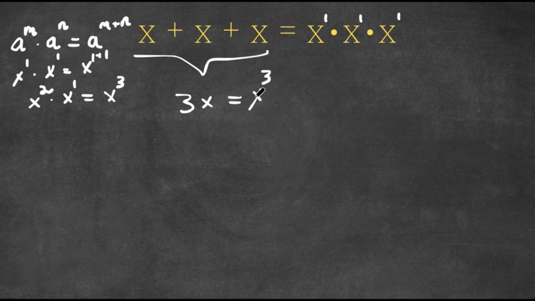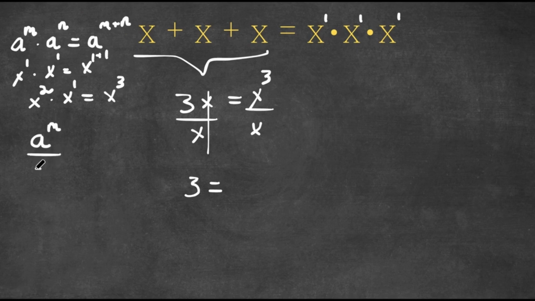So now I'm going to divide both sides by x. So for the left-hand side, these two cancel out, so I'd simply just have 3 is equal to x cubed over x. Now, if we have something in the form a to the power of m over a to the power of n, this is equal to a to the power of m minus n.